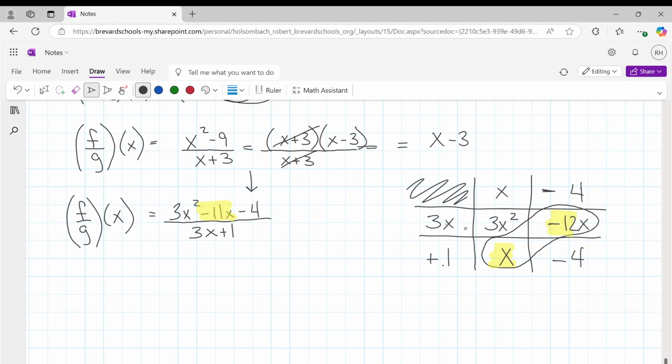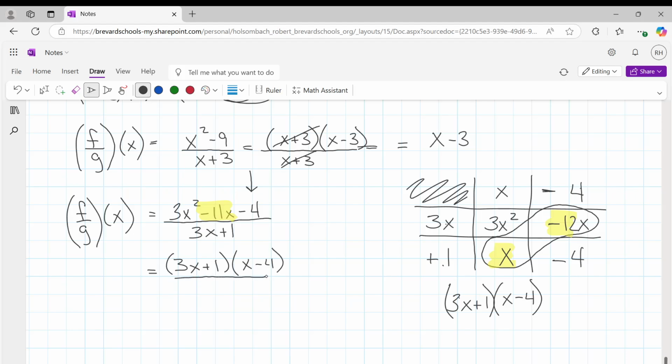So your factors are this left side, which is 3x plus 1, and the top, which is x minus 4. So when we go back to these 2 functions that we're dividing, in the numerator, we get 3x plus 1 times x minus 4.